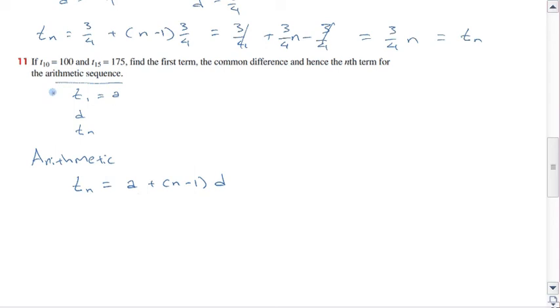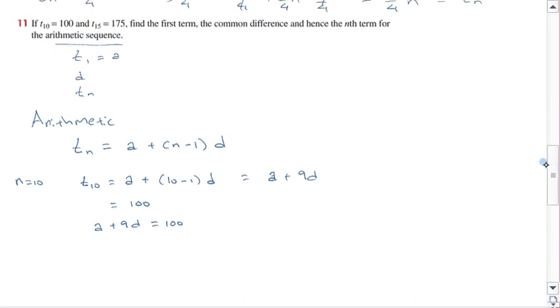So if we plug in the 10th term, when n is equal to 10, that means T10 is equal to a plus 10 minus 1 times d, which we don't yet know. So this is a plus 9d, and we also know that this whole thing is equal to 100. Right, so we have a plus 9d is equal to 100.